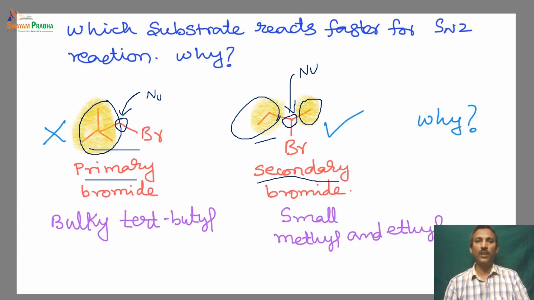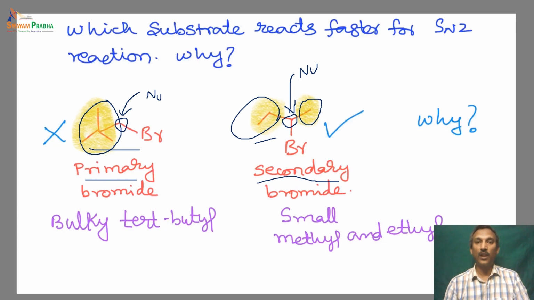It does undergo the reaction, but at a slower rate. So that is the difference. In this case, we can very well say the secondary bromide reacts faster compared to the primary bromide. So you cannot always say primary reacts faster than the secondary. You have to always look at the substrate very carefully to confirm which one will undergo the reaction faster.